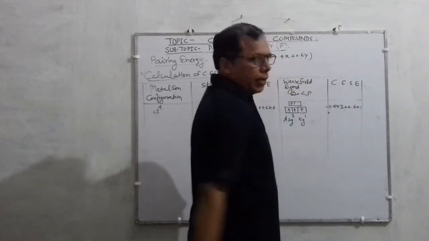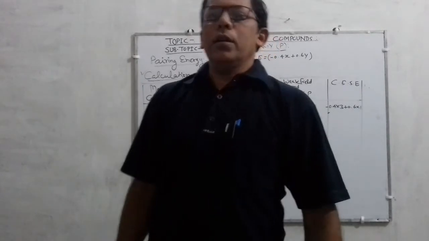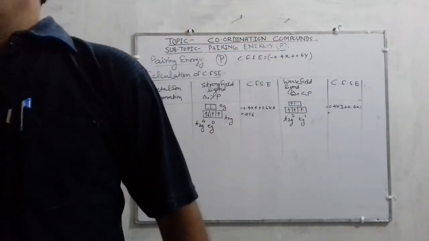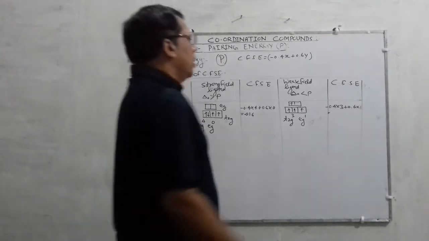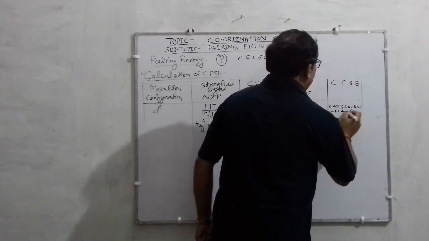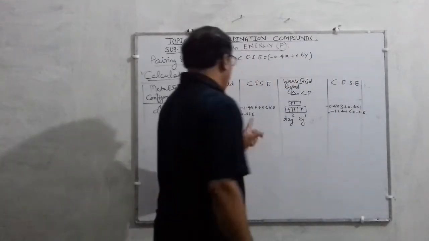If you solve it, that is minus 1.2 plus 0.6, the value is coming minus 0.6. So this is the difference.